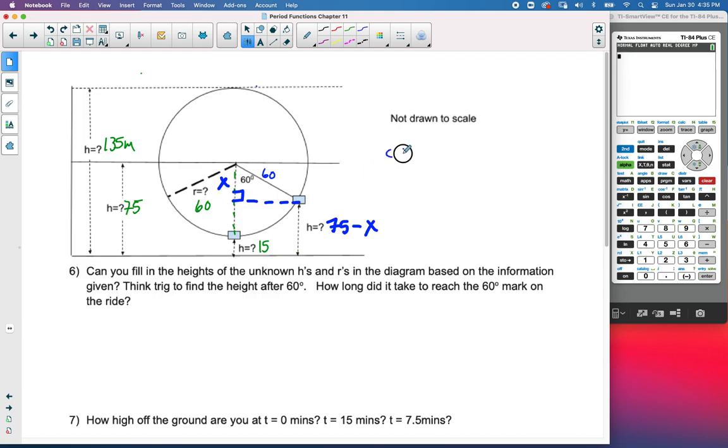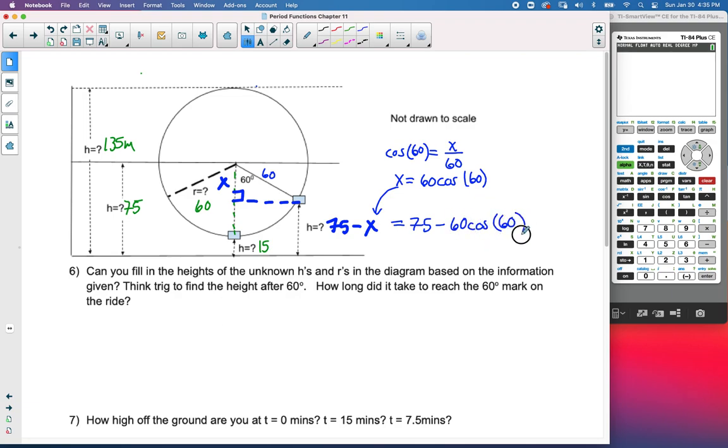That's cosine of 60 is equal to x over 60, right? Adjacent over hypotenuse. So we now know what x is equal to: x equals 60 cosine 60. And so we can plug that in right here, and that's 75 minus 60 cosine 60.